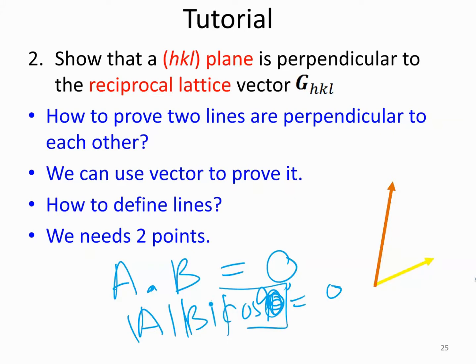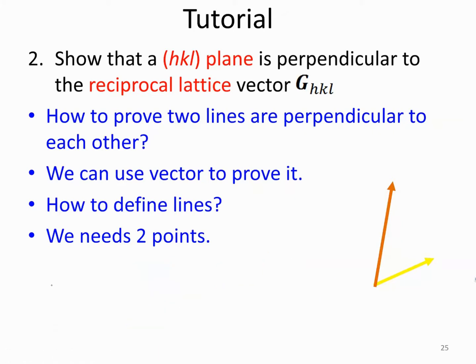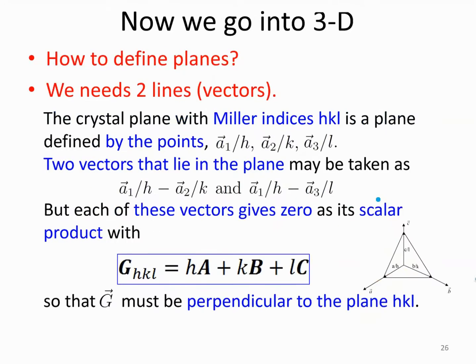All right, and then the next thing is that we need 2 lines, right? Then how do we define the line? Line means that as long as you have 2 points, then I can define it as a line. So now, how to define a plane? To produce a line, you need 2 points.